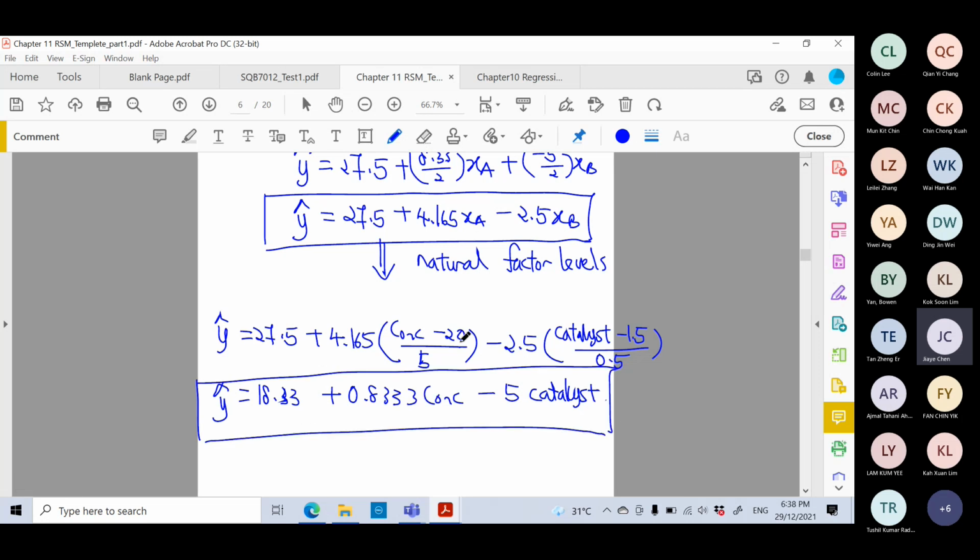If your equation is in natural terms, you substitute the concentration as 15 and 25, and for the catalyst you substitute 1 and 2. For XA, because it is a coded variable, you substitute -1 and +1.